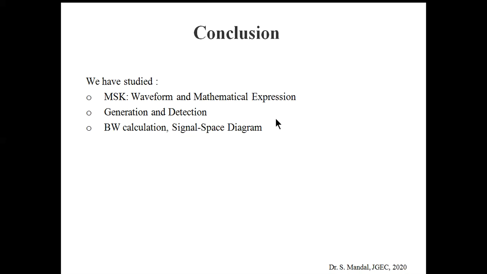Okay, so coming to the conclusion part. In this class we have studied the MSK waveform mathematical expression. We have also observed the bandwidth and signal space diagram, where we can see that MSK is a very spectrally efficient digital modulation technique, which has lower side lobes and that leads to lower interference with other communication channels.